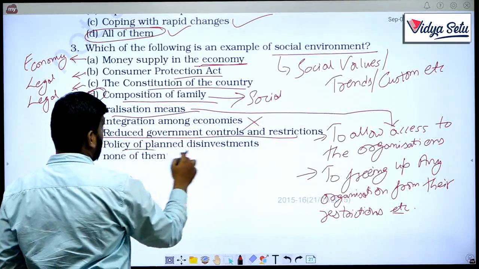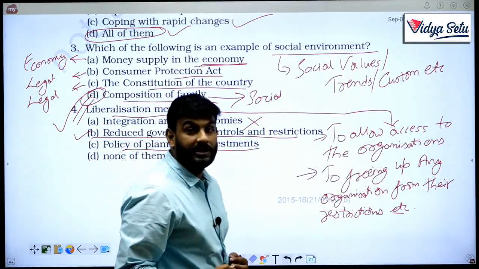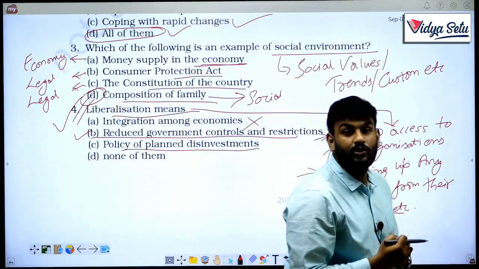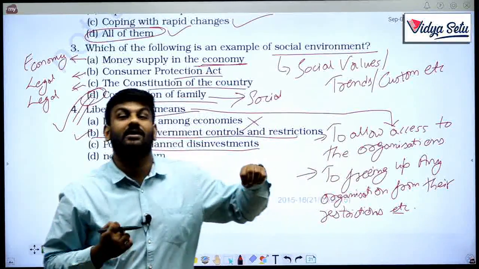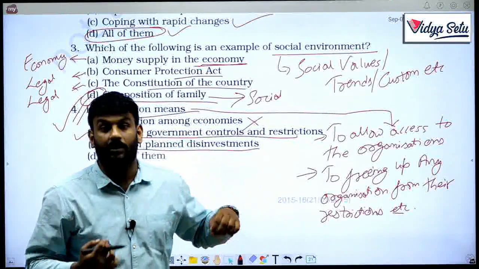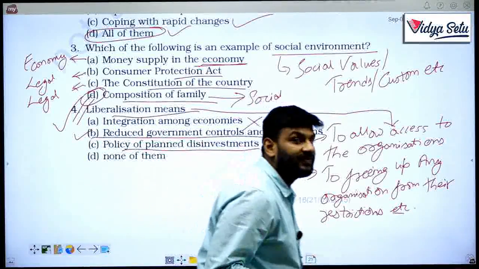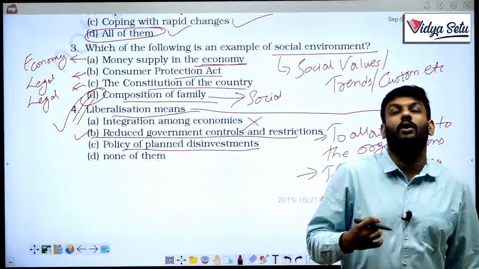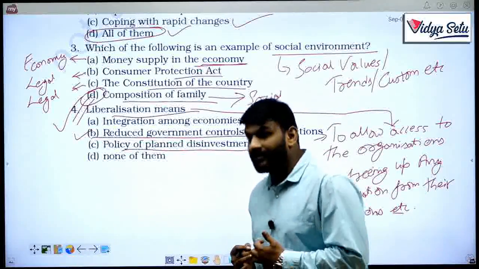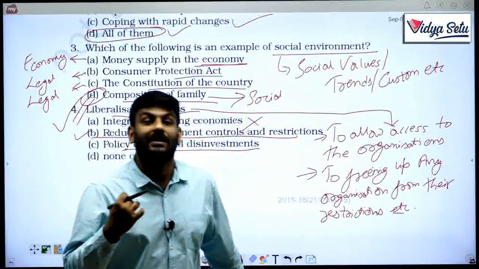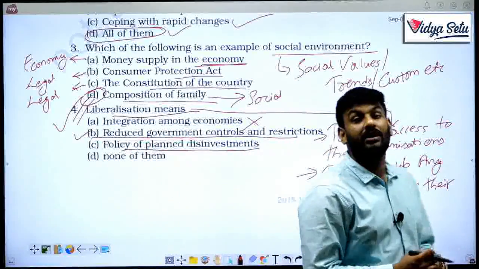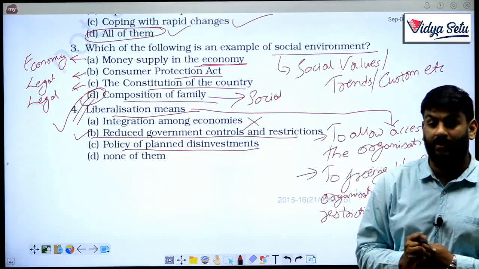Next is policy of planned disinvestment. Policy of planned disinvestment generally deals with privatization or globalization, or I must say it is a basic reform of NEP. It can't be a basic purpose for liberalization, but yeah, we can liberalize, as in we can disinvest our sources. As government disinvests their sources, it will be given from the public sector to the private sector only.